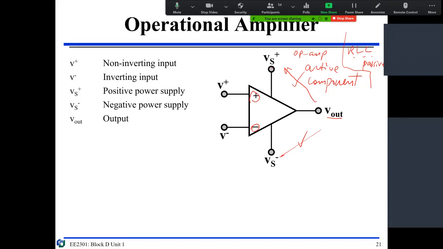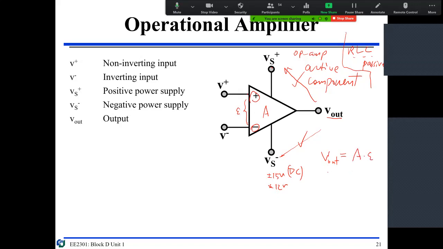And remember this is the gain A. We usually say the difference between the inputs is epsilon, and then the V out. Usually the power supply is like plus or minus 15 volts, or sometimes plus or minus 12 volts, that kind of DC supply. So V out is only like 12. V out equals A times epsilon.